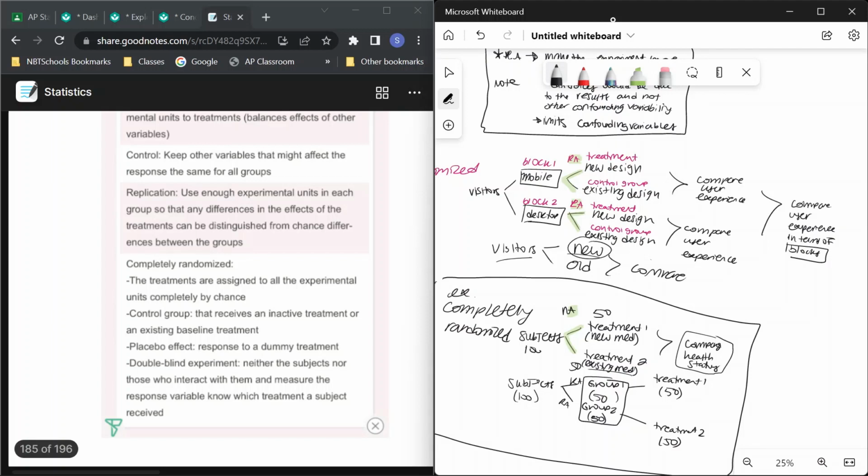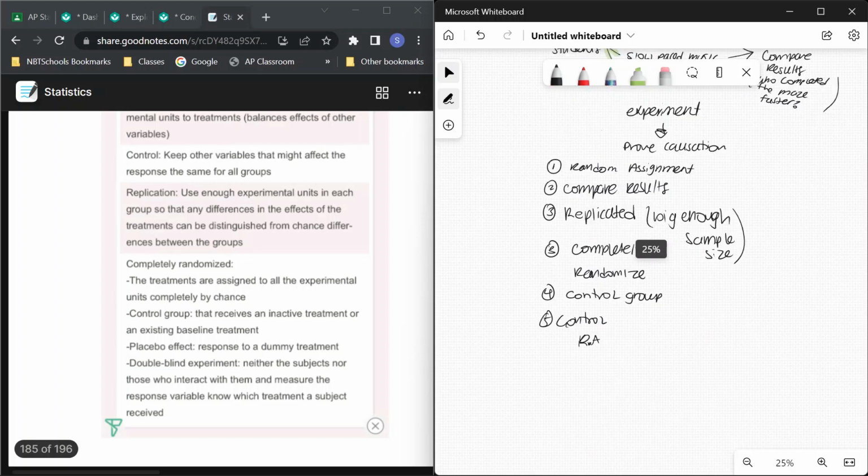So we want to make them into variables so that now we can compare user experience in both devices and then compare those together. So this experiment basically holds a lot of control. That's also what makes it an experiment.